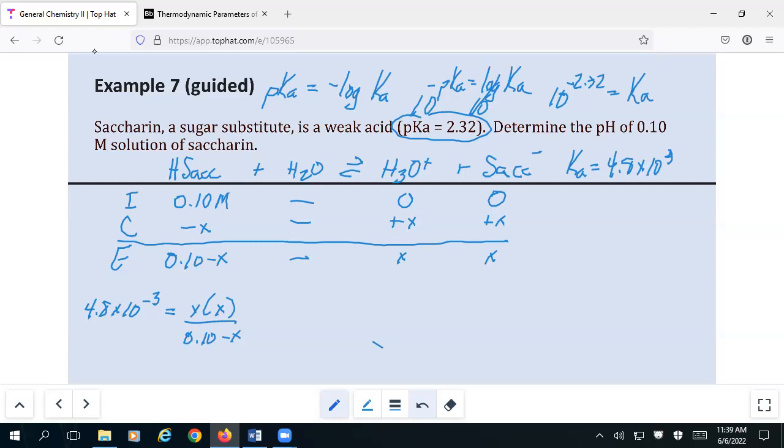So if you apply the 5% approximation here, what you'll find is that these two values are 4.8% apart. That's not good enough for us. They're a little bit too close for comfort. So we're going to have to solve a quadratic in this case.